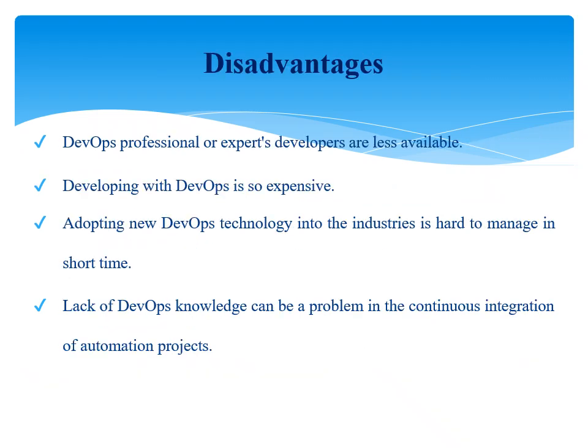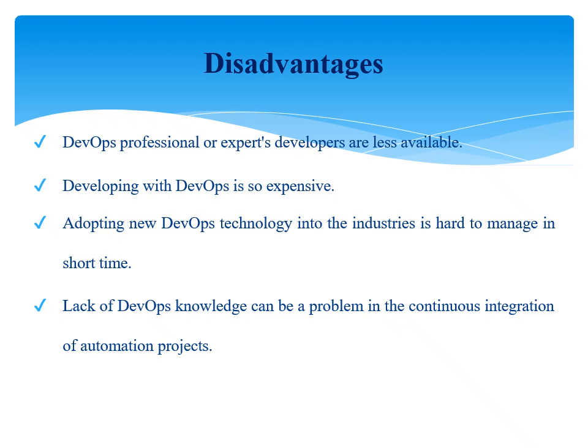Some of the disadvantages are that DevOps professionals are experts, so developers are less available. At present, we have a small number of DevOps professionals. Before this slide, we have seen the roles and responsibilities of a DevOps engineer, right?